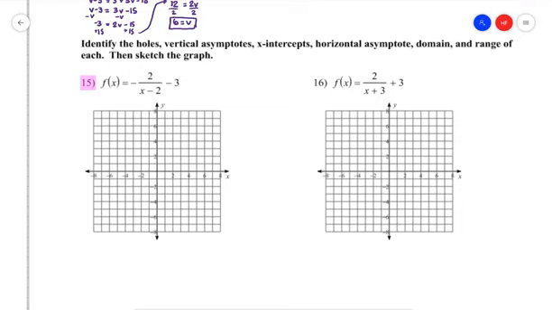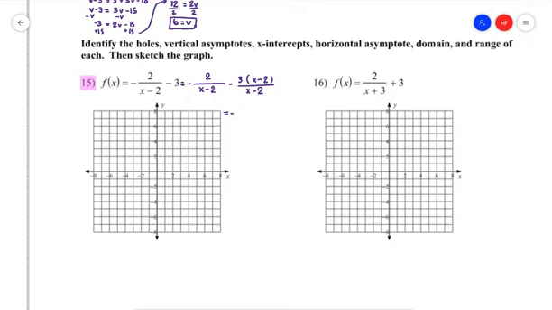So on number 15, we do have one where we need to create a single fraction, like the ones we were working with before. So what we're going to do is get a common denominator. It's going to be x minus 2, so we'll take 3 and multiply by x minus 2 on both the top and the bottom.